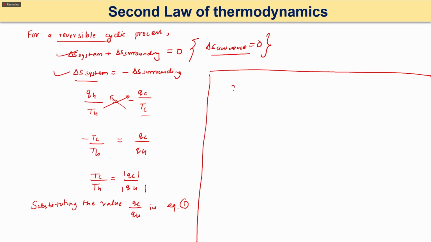We will get eta is equal to 1 minus Qc by Qh, and if you solve this, you will get 1 minus Tc by Th.